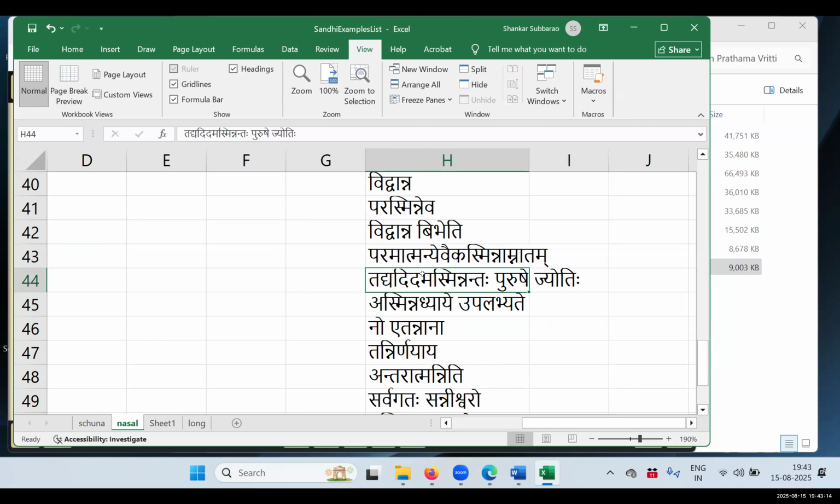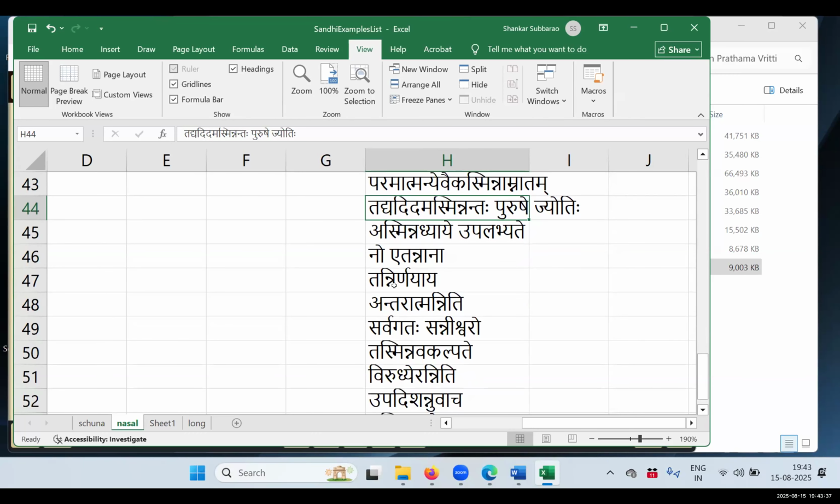So, what about here? Tadyadam yadidam asmin nantaf purushe jyotihi. What is happening? Tasmin antaf purushe. That extra nakara is coming. Ngamutagama is coming. Okay. What about this, tannirnayaya? Somebody who hasn't answered so far wants to answer?